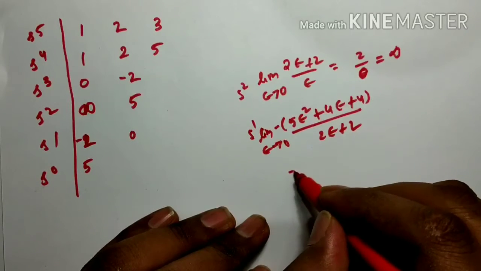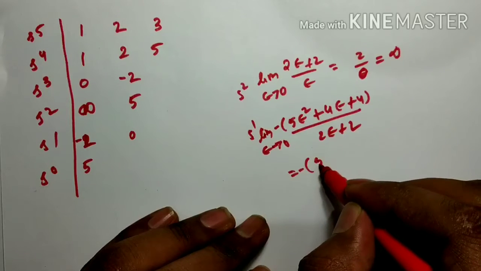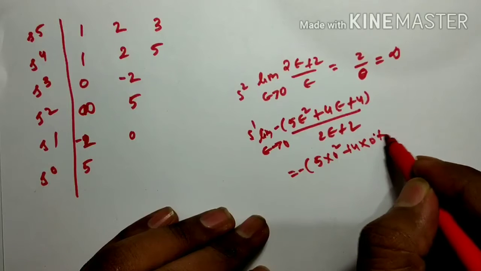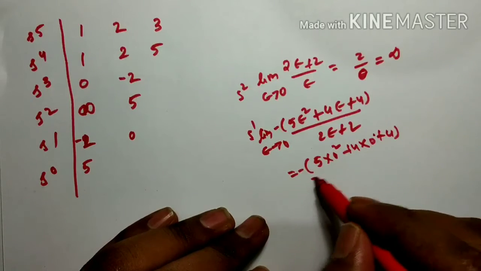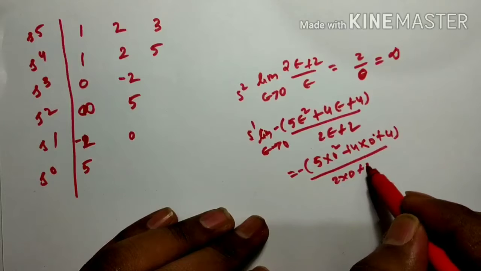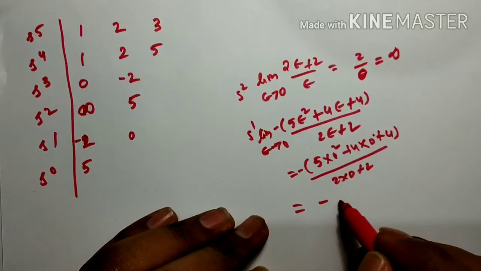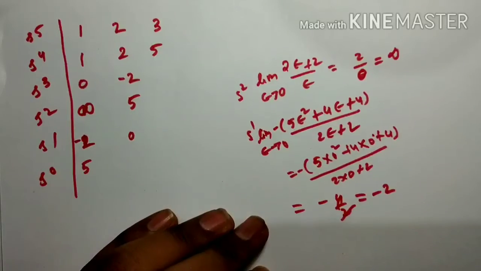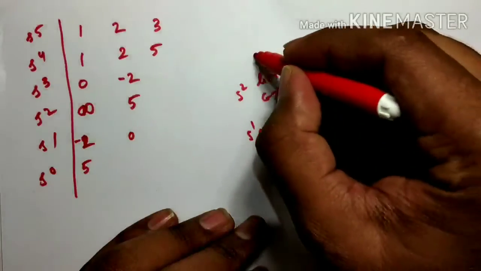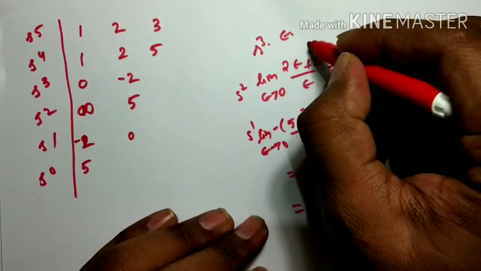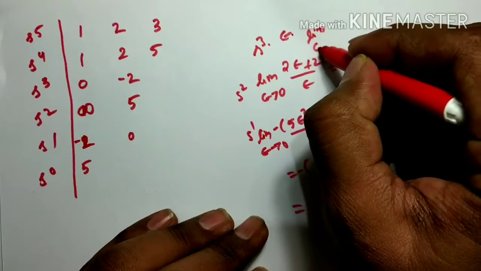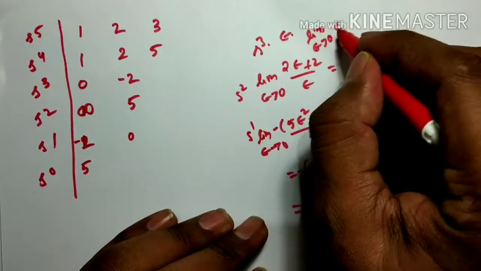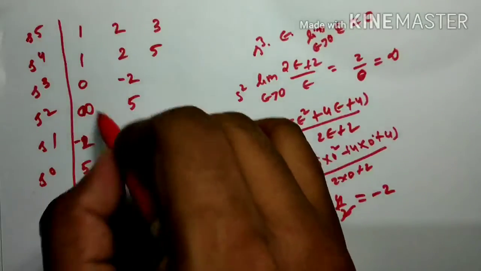So 5 into 0 square plus 4 into 0 plus 4 by 2 into 0 plus 2 gives minus 4 by 2, so minus 2. Here for S cube there is an epsilon, so when you substitute epsilon equal to 0, you get 0.